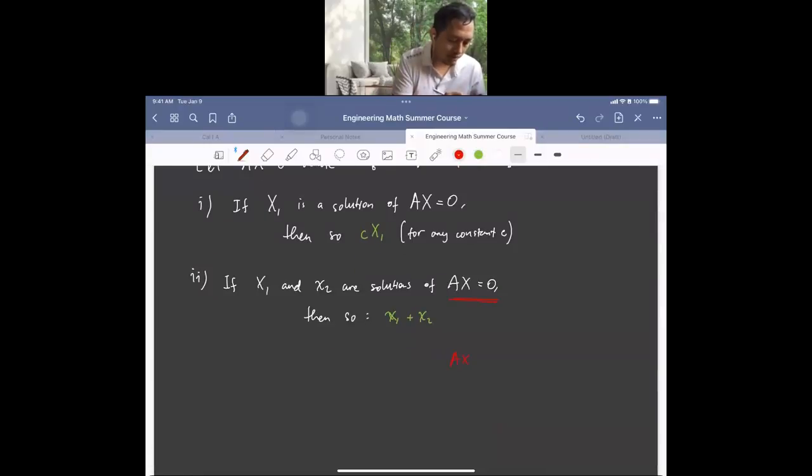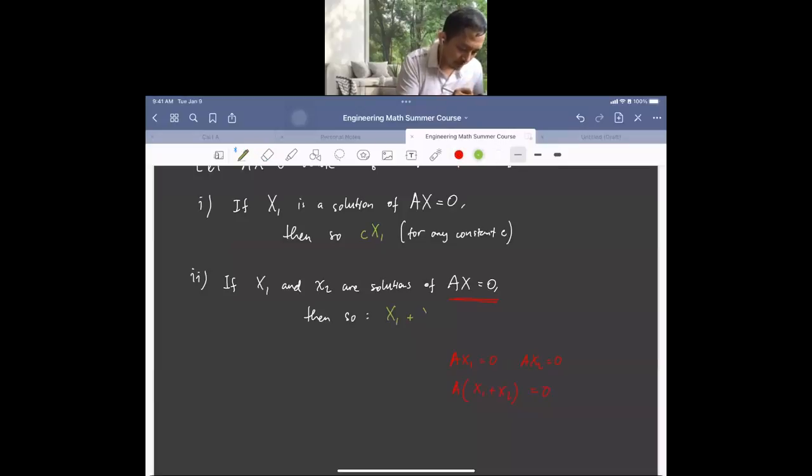Because if we simply look at this, we know that Ax1 is 0, Ax2 is 0, so A(x1 plus x2) is also 0, and it becomes a solution.